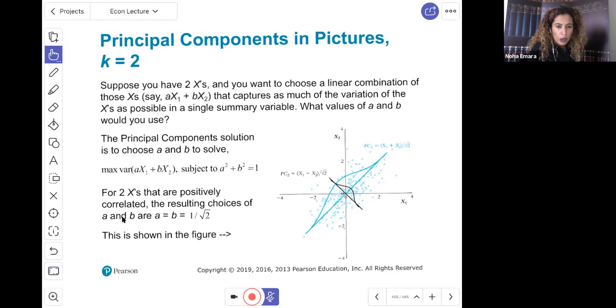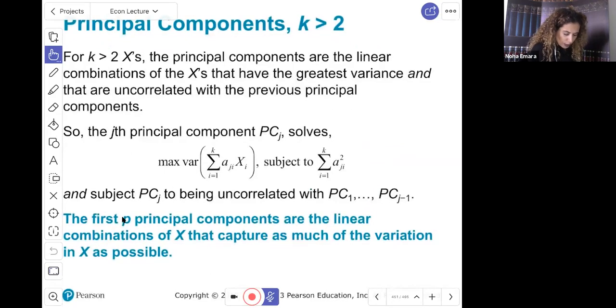and you can just write it in a more general form in terms of the j-th principal component. Instead of just x1 and x2, I have multiple x's, I have k x's, and I have k linear combinations, and I have PC1, principal component 1 and 2 and 3 and 4, all the way up to j minus 1.